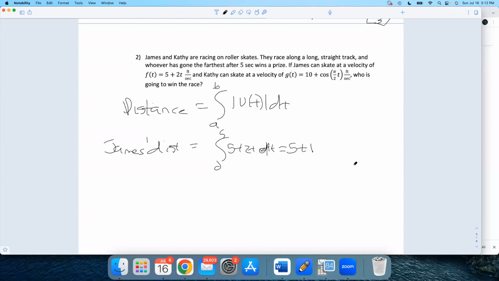So what I really had was 2t squared over 2, but then these 2's cancel. So that's just t squared, evaluated from t equals 0 to t equals 5.